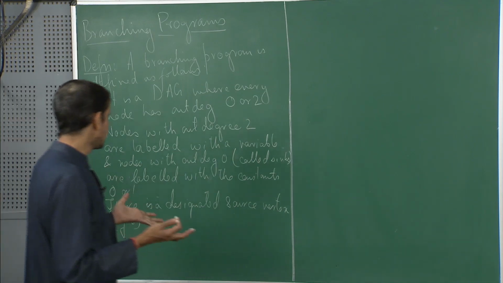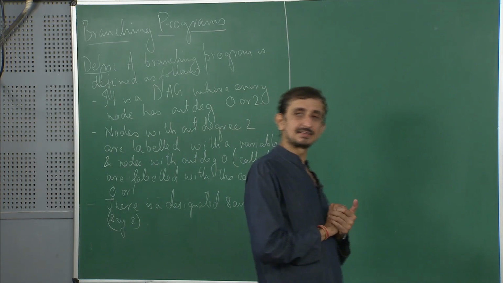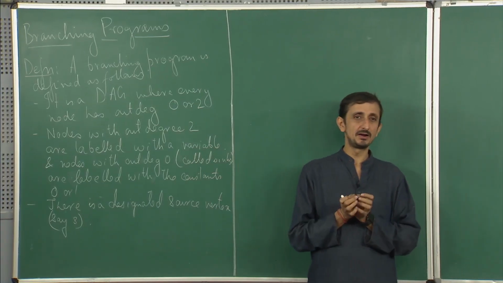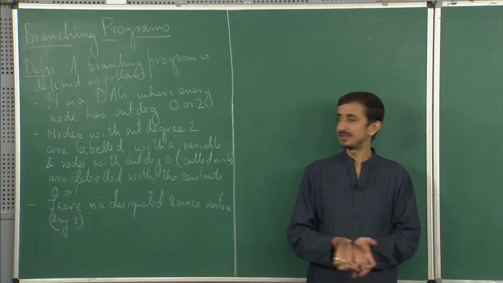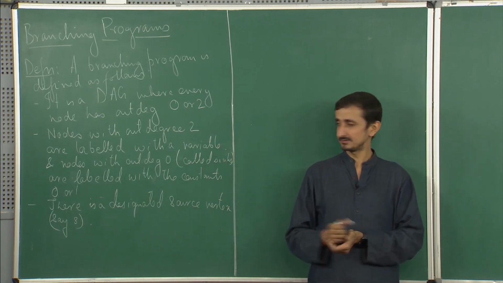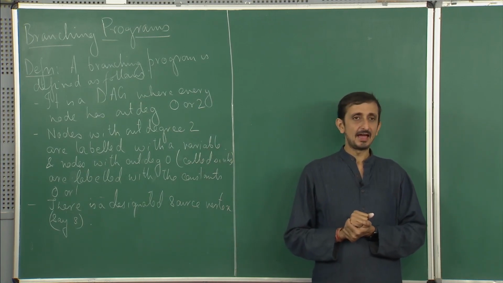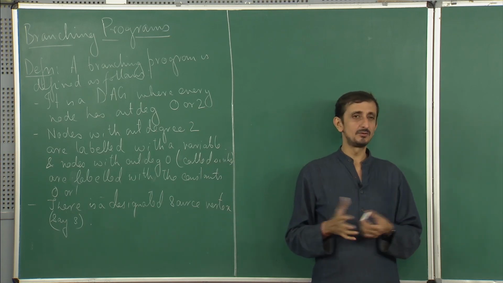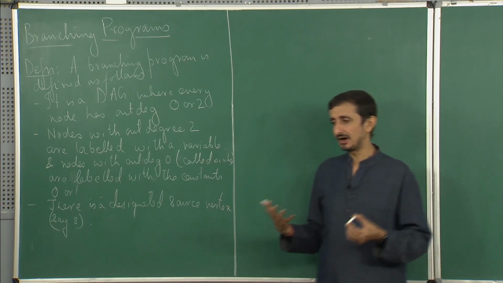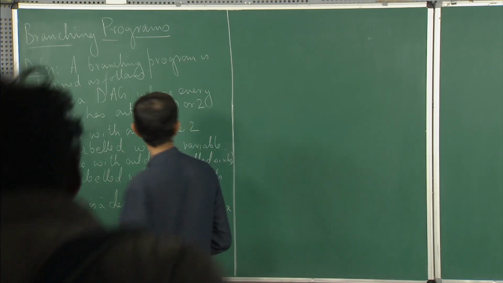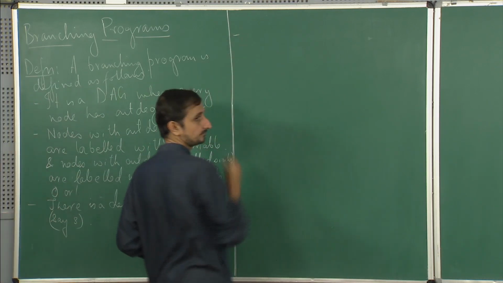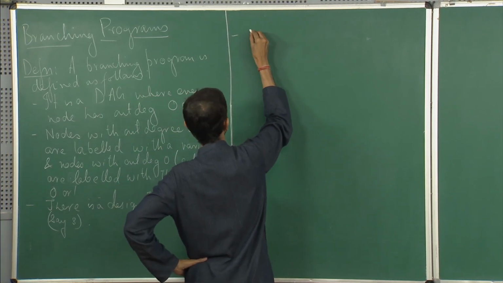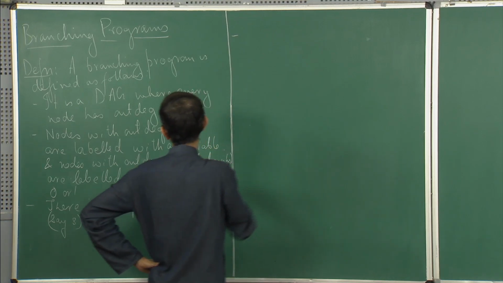So basically what is a branching program? We have a directed acyclic graph. Every node of out degree 2 is labeled with some variable from x1 to xn, let's say xi, and nodes with out degree 0 are labeled with constants 0 or 1. Now how does a branching program accept its input? Let's give it a name.